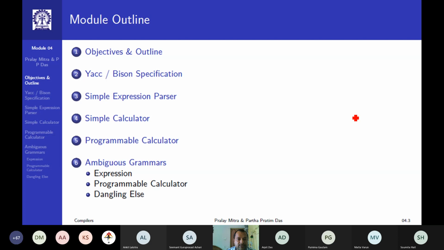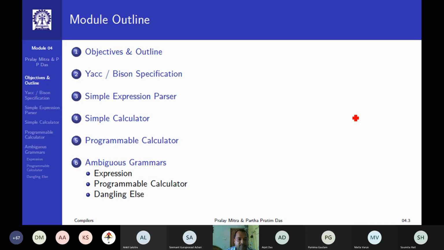Then we will move on to a simple calculator. And in the programmable calculator, we will discuss when variables and assignment operations are there, and it might be possible that you are entering multiple expressions, and it will be computing those.